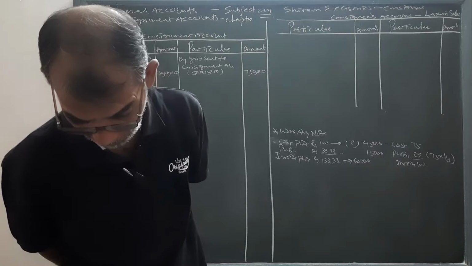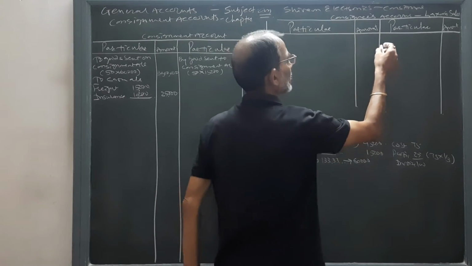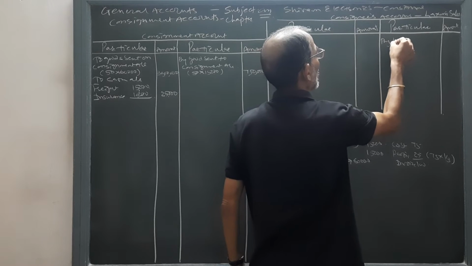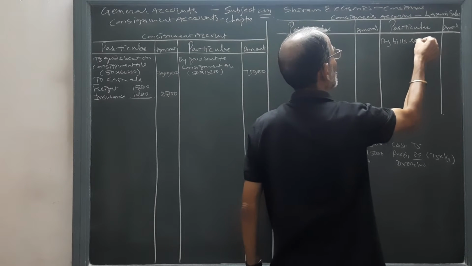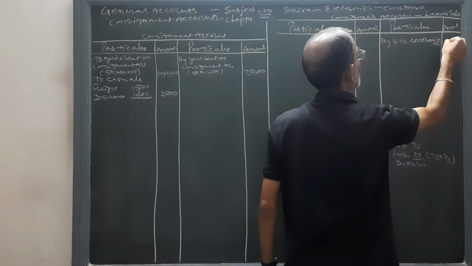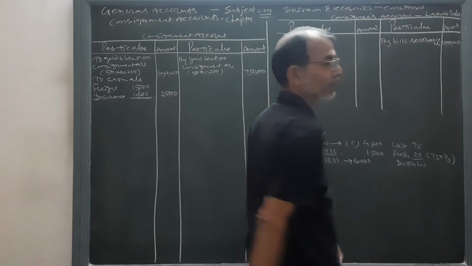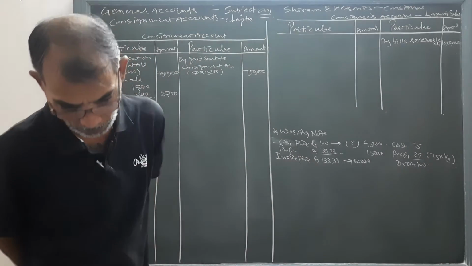Lakshmi Sales advanced a bill of rupees 10 lakh. So I will write it on the credit side, bills receivable account, that is 10 lakh.